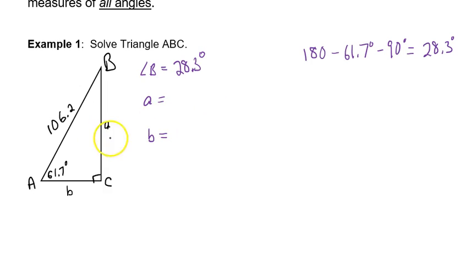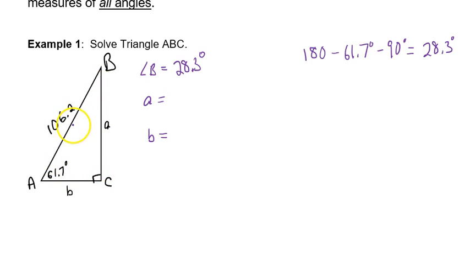Okay, now to find side A, I'm going to look back at what they have given us and determine which of the trig functions I can use to find side A. I know the angle down here at 61.7, and yes, I did find angle B and could use that if I wanted to, but I like to stick to what they've given me.